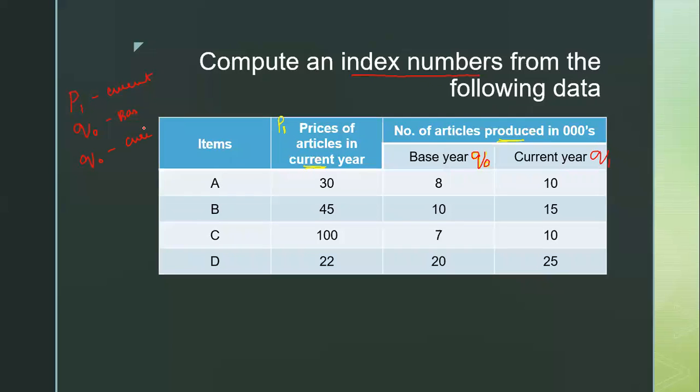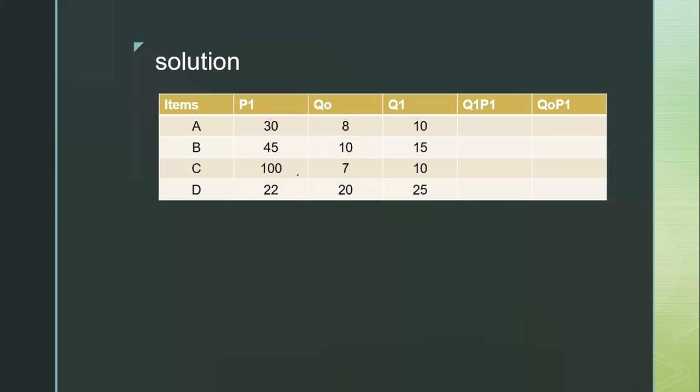So we have the quantity of base and current year and price only of the current year. Which method will you apply? Yes, good. You will apply purchase quantity index number.